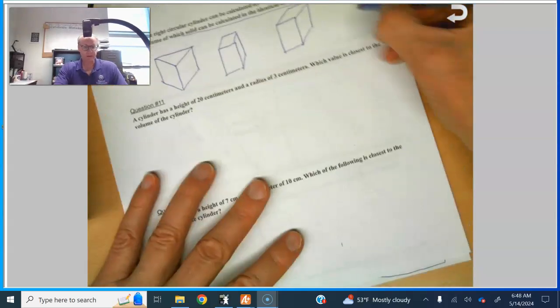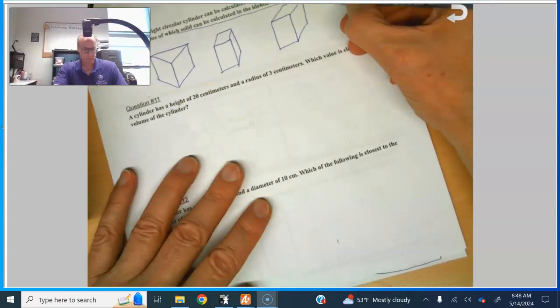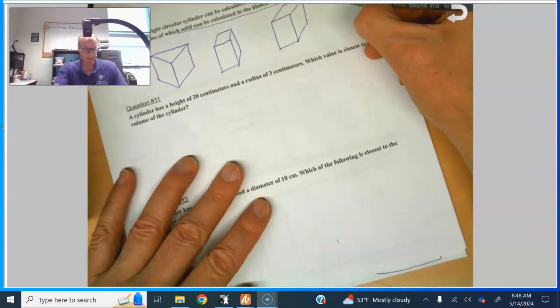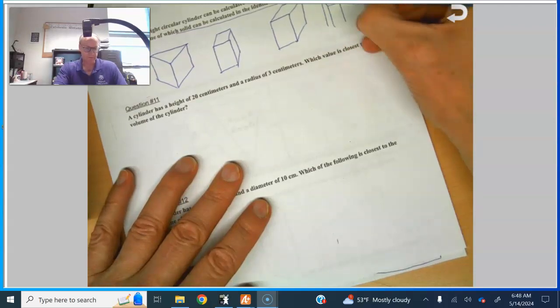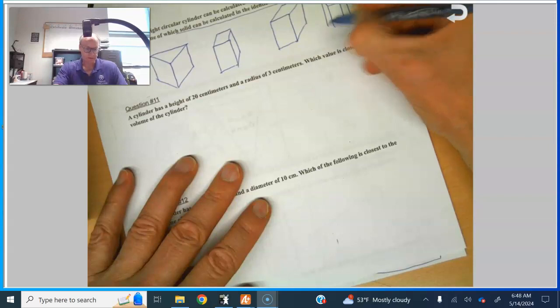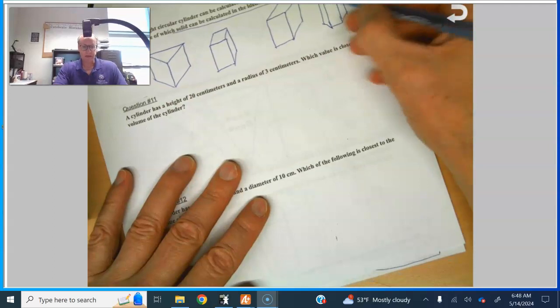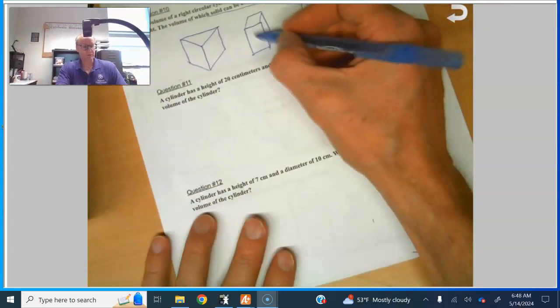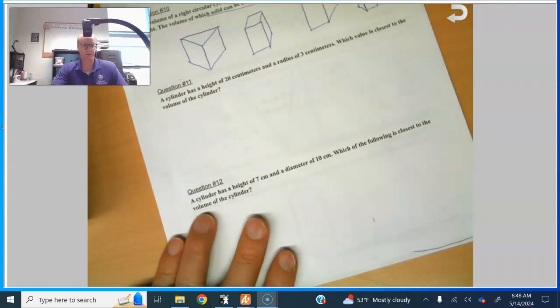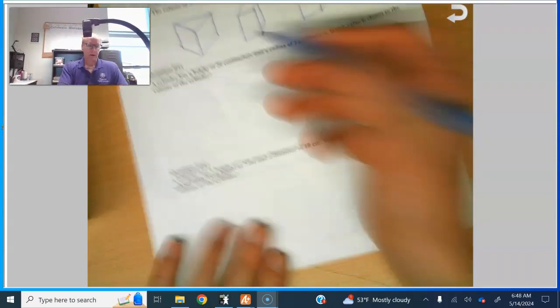And you could even have a pentagonal prism, which has a pentagon as its base. Lots of possibilities there. Sorry, that's kind of a funky looking one, but let me just draw these a little longer. There we go. There's a pentagonal prism. Here's a rectangular prism. Here's a square prism. Here's a triangular prism. There's lots of ways to go.